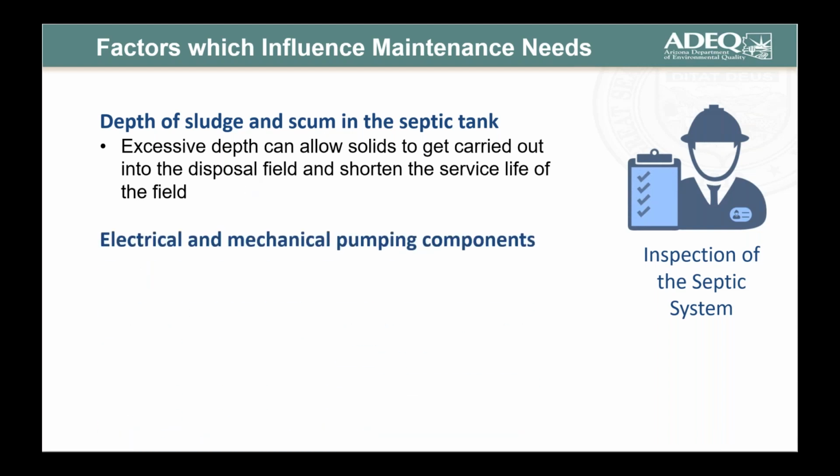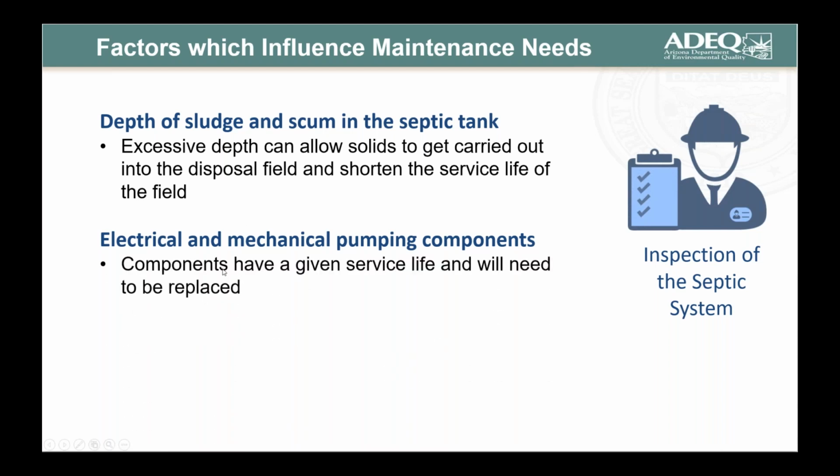Another factor that's going to influence maintenance needs is if you have electrical and mechanical pumping components. In many cases, those are subject to wear and tear or corrosion. So if you have an electrical panel or pump control panel and water is leaking into it, things can corrode and cause failures. Also note components have a given service life, and they're going to need to be replaced at some point.